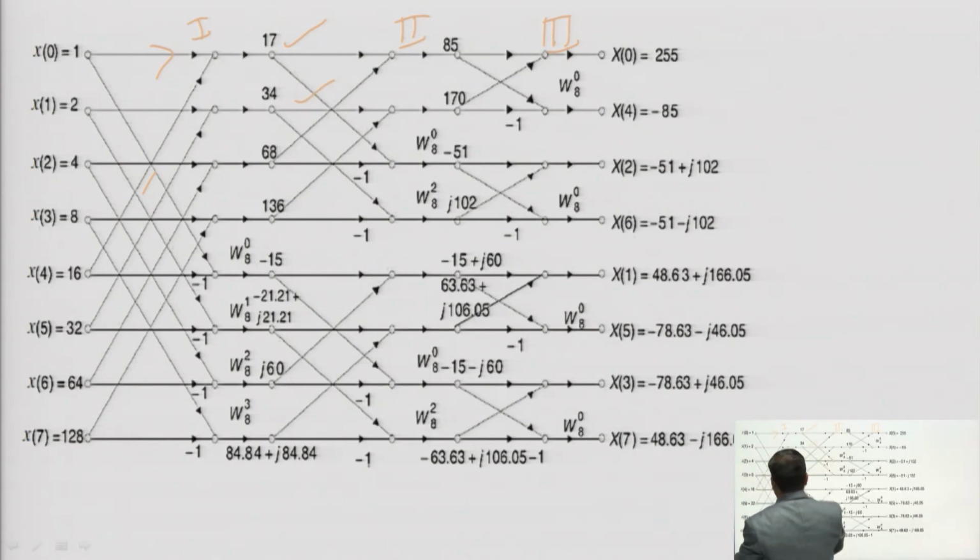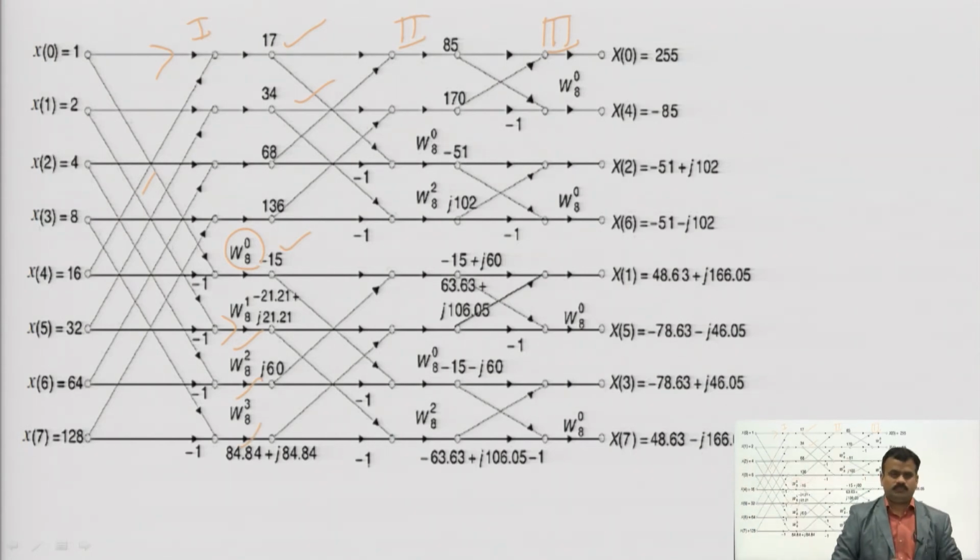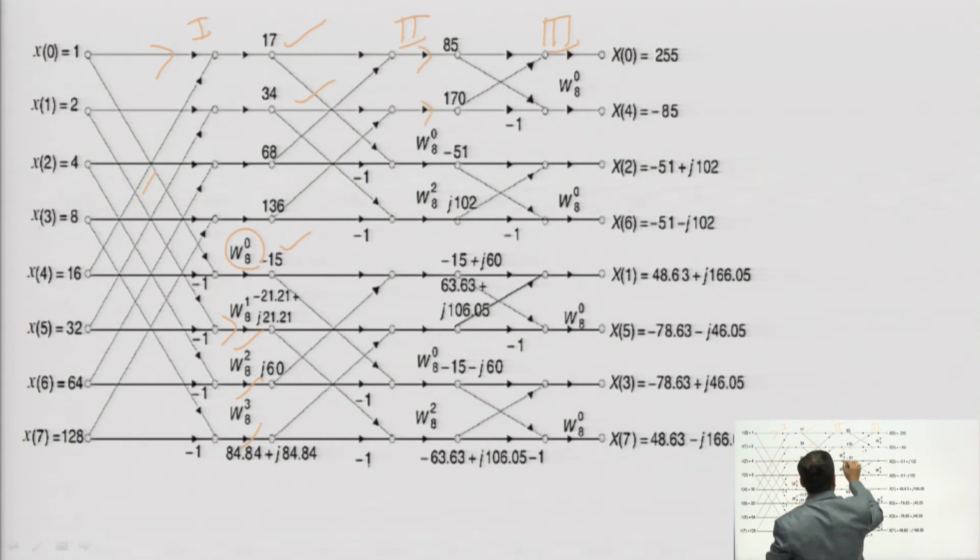Here 1 minus 16 is equal to minus 15, because W8^0 is equal to 1. Similarly, you can apply the formula and calculate all the values of the first stage. In the second stage again you can calculate these values easily, and finally you will get the answer.